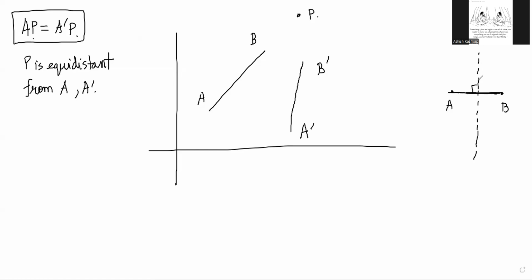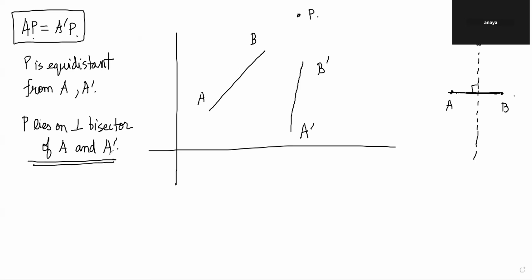Anytime you say that some point x is equidistant from two given points, the x should lie on the perpendicular bisector of AB, right? By congruent triangles and all. So we know P lies on the perpendicular bisector of A and A dash.